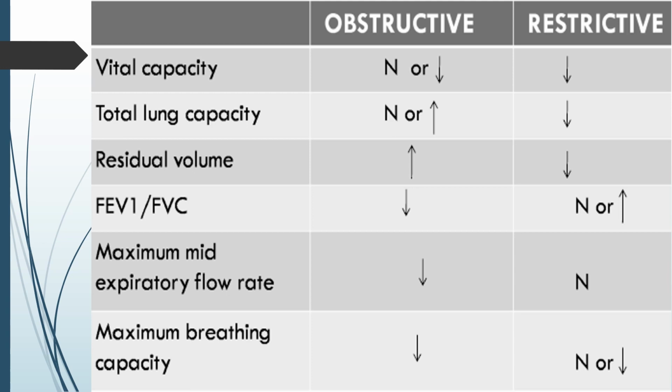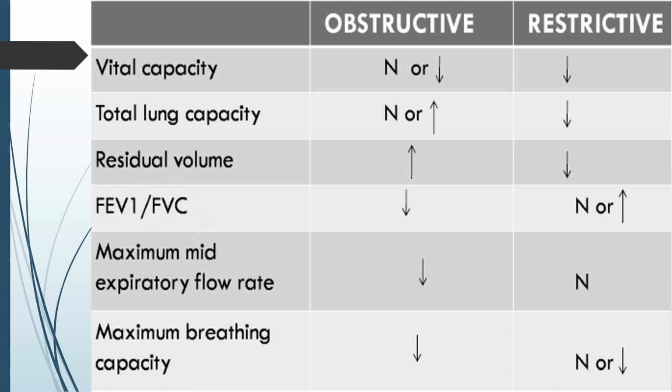So just you have to remember this, which you can do using the portable spirometer. These days the pulmonologists look for the forced expiratory volume in 1 second and the forced vital capacity ratio.